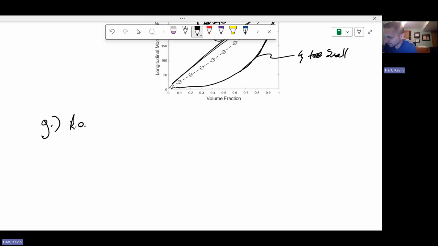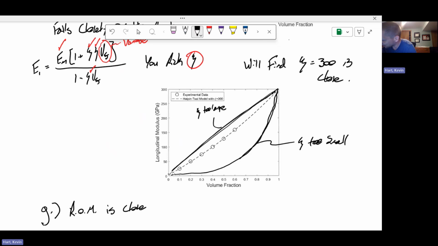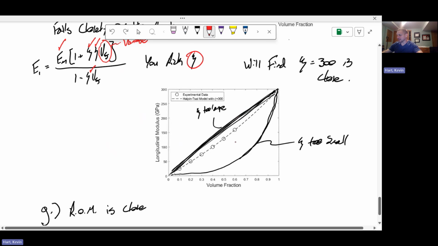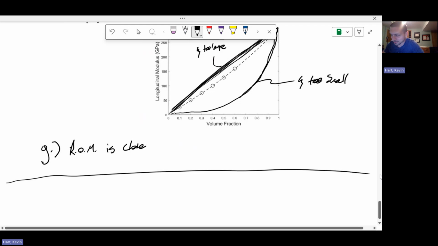Rule of mixtures is probably close. It's just a straight line here, and it's pretty close. So we're comparing this line here to this line, and I'd say they're pretty close. It's reasonable. If you wanted to be most accurate, just use Halpin-Tsai.